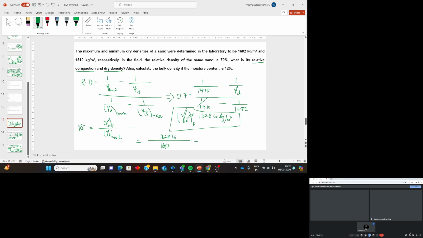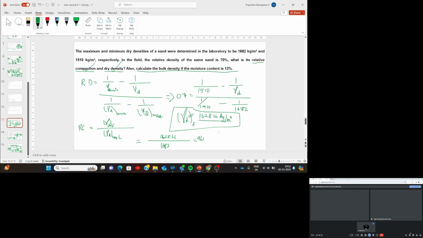Now calculate what is relative compaction. 0.96. It is 96%. So dry density is done, relative compaction is done. Now calculate the bulk density if moisture content is 12%.